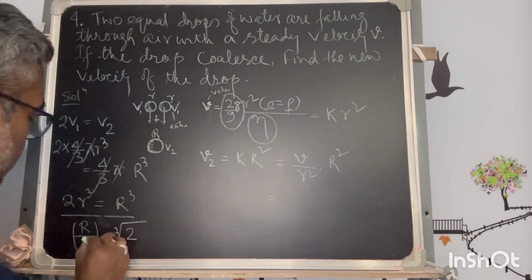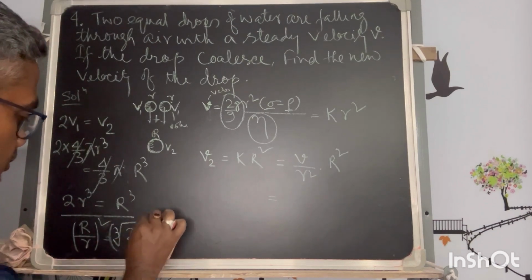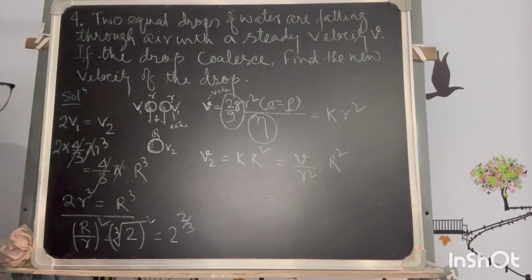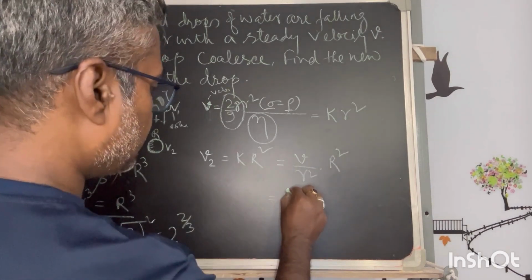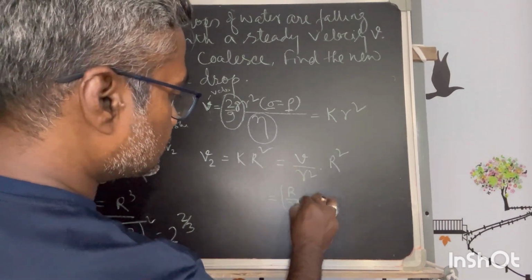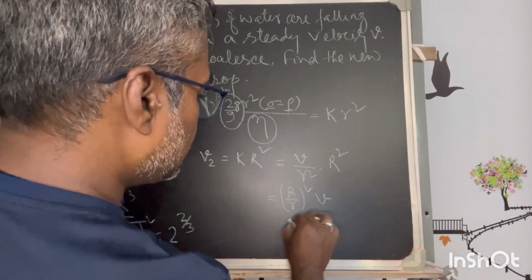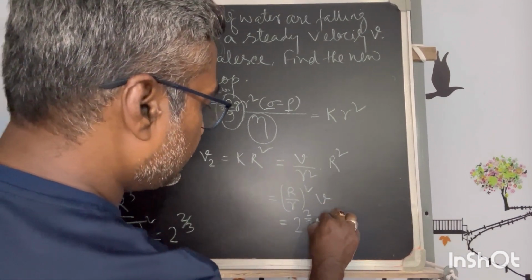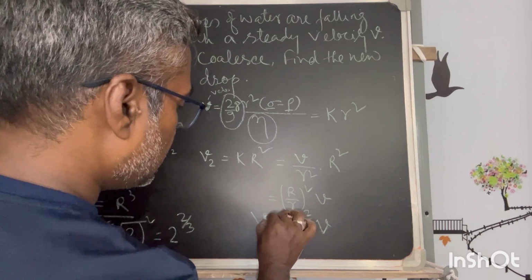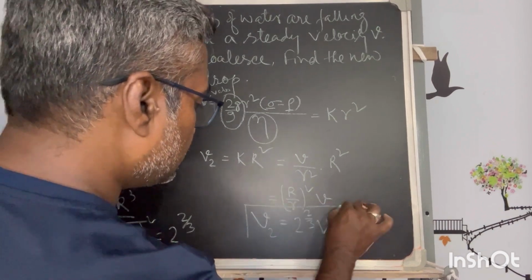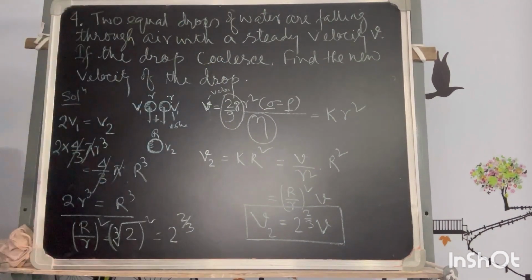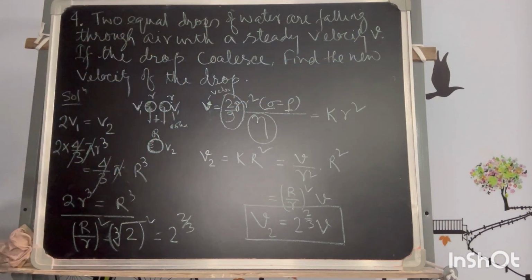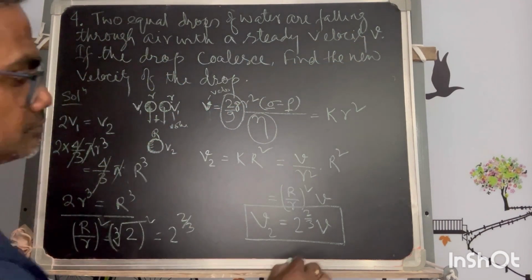So the square of this is 2 to the power 2/3. So R by r whole square into small v gives 2 to the power 2/3 into v. So the new velocity v2 is 2 to the power 2/3 times small v, which was given for the earlier drops. This will be your answer.